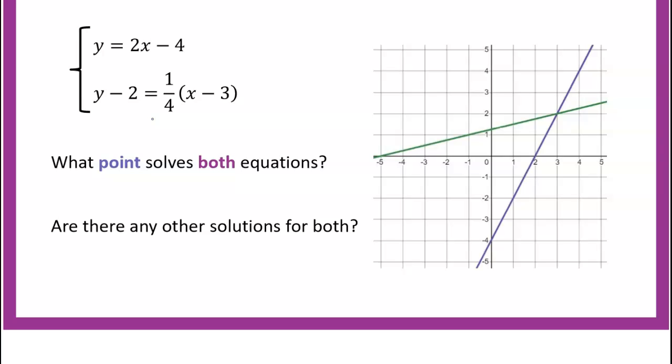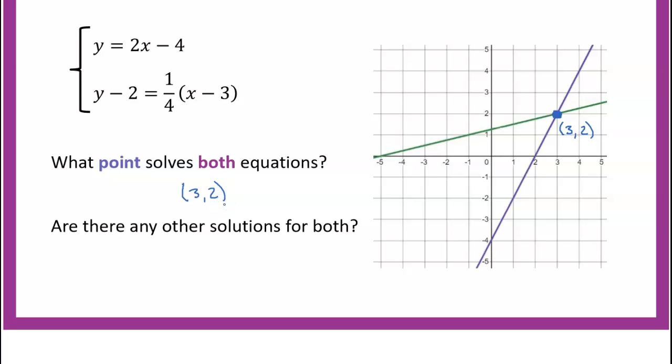Can you see it over there on the graph? There it is, the intersection point. That's at 3, 2. The x value is 3, the y value is 2. So the point 3, 2 solves both equations.